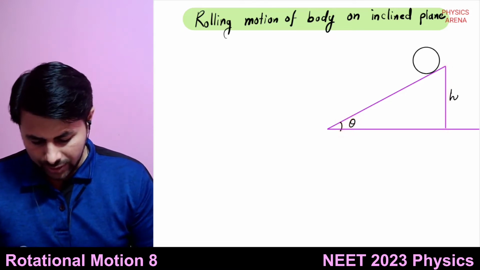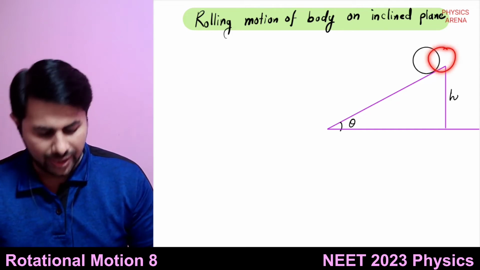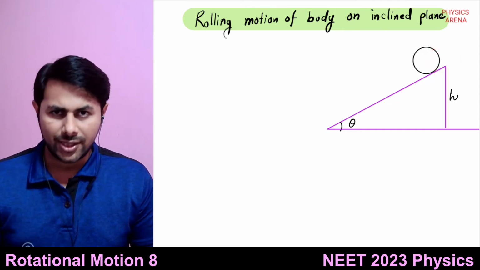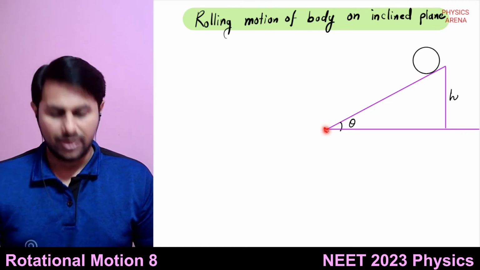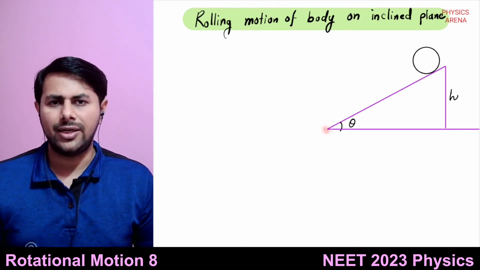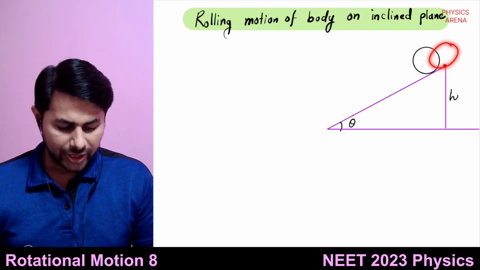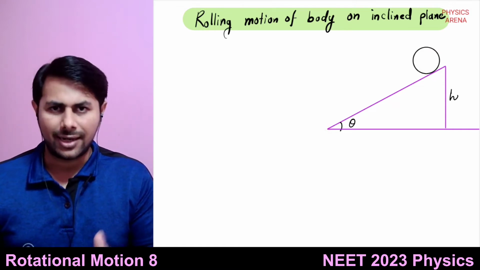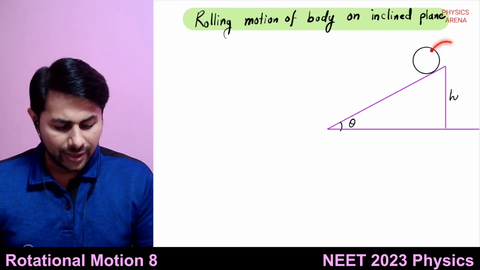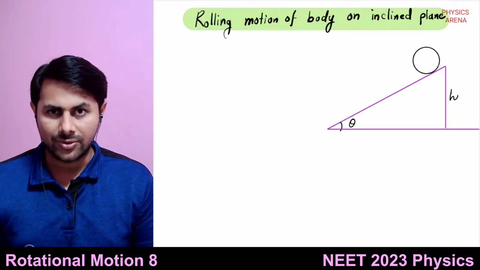Now we can say that this body will have only potential energy at the top, and at the bottom it will have only kinetic energy. So its potential energy gets converted to kinetic energy when it rolls down.